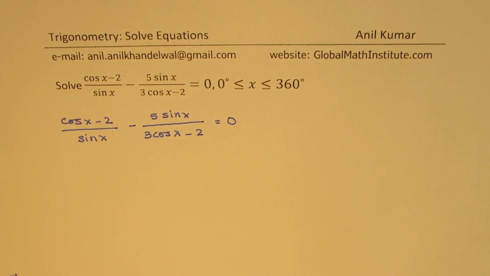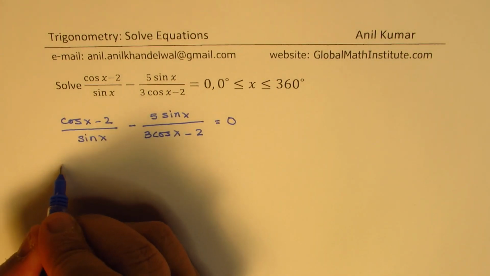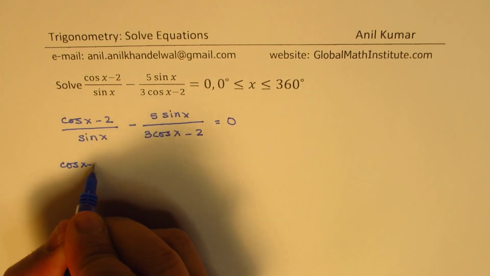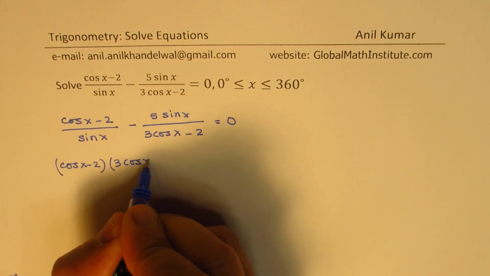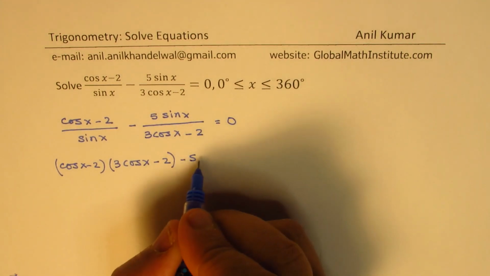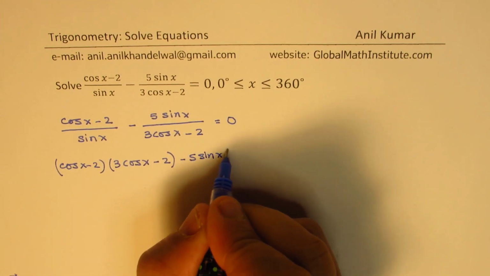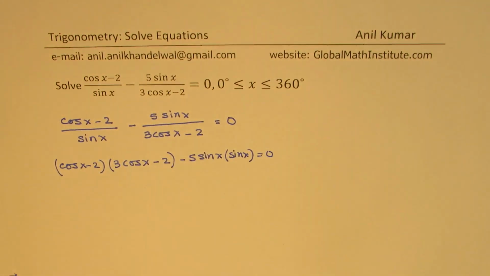To simplify this, let's cross multiply. So what we get here is (cos x minus 2) times (3 cos x minus 2) minus 5 sin x times sin x equals 0.